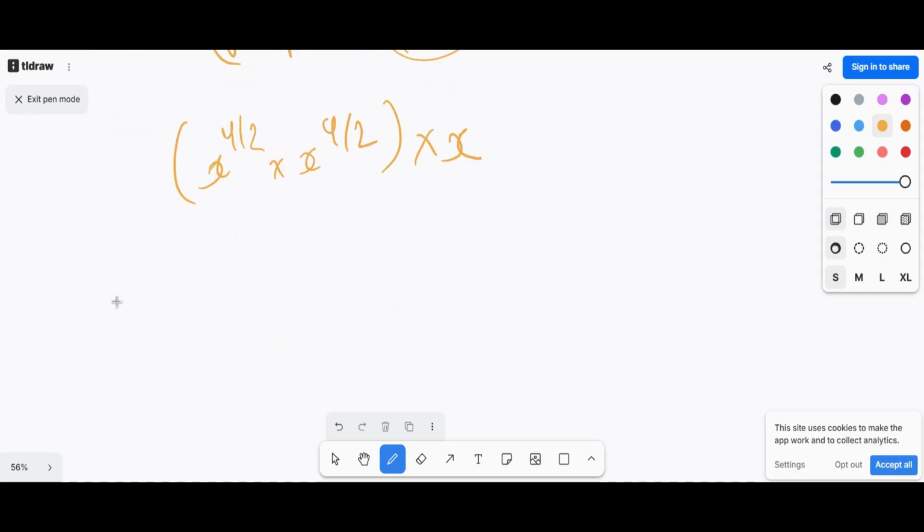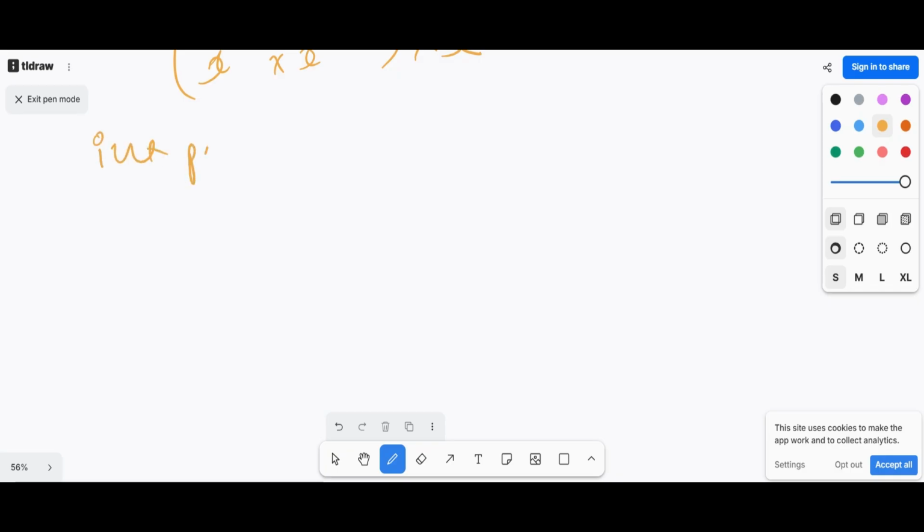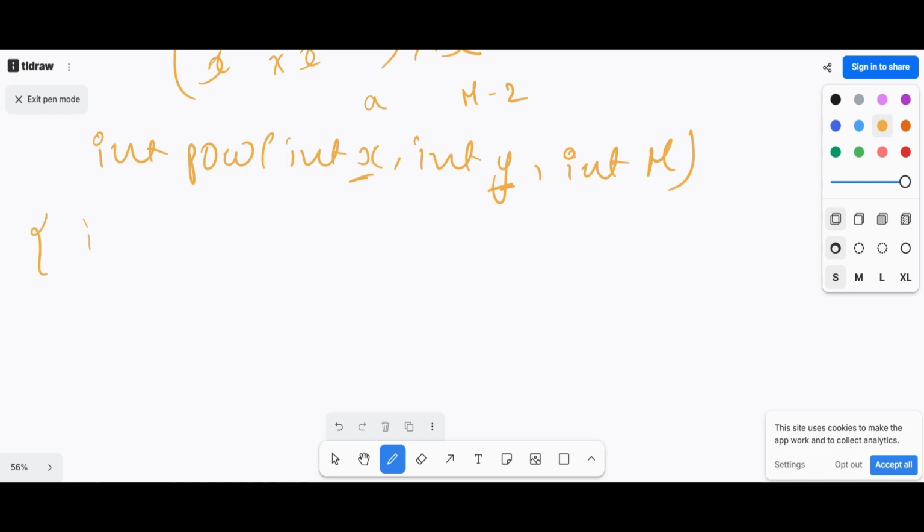So my power function will be like this: you'll be given x, y, and m. For finding modulo inverse, x should be a, y should be m minus 2, and m should be m only. If y is 0, this is the base case, you will return 1.